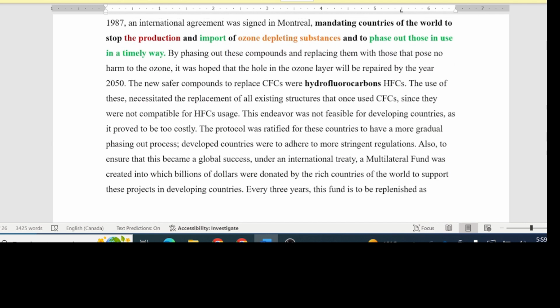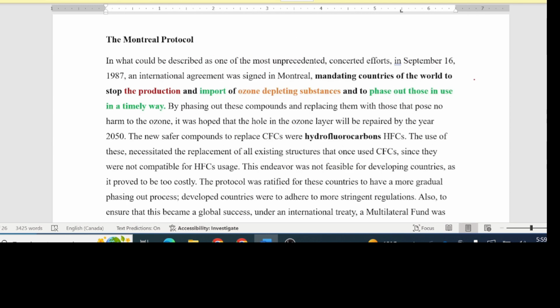It's all written there. So what this paragraph is telling us is that on 16th September 1987, the Montreal Protocol was signed, and this represents one of the most concerted and unprecedented efforts by countries of the world to stop the production of ozone-depleting substances and to phase out their use in a timely manner.